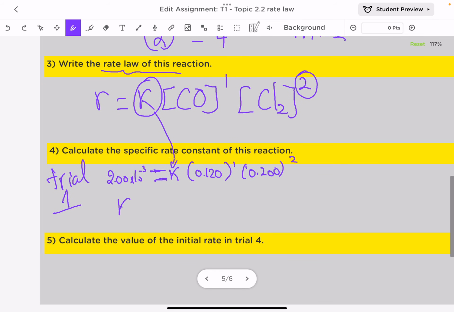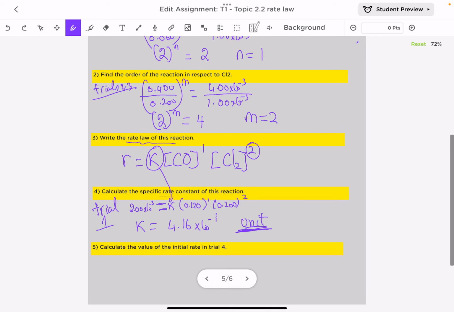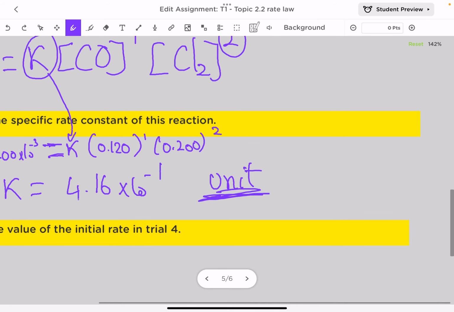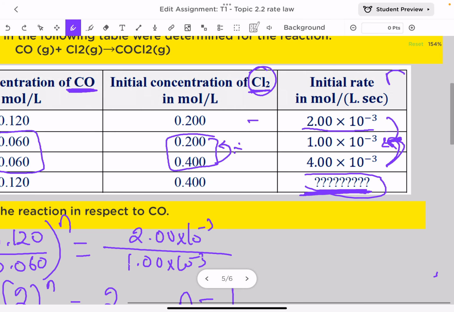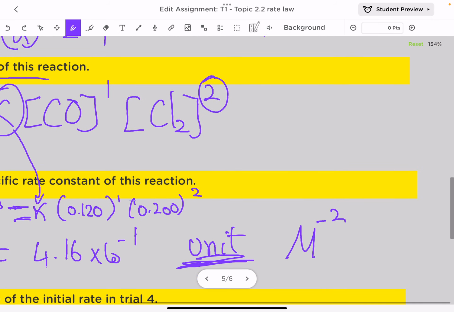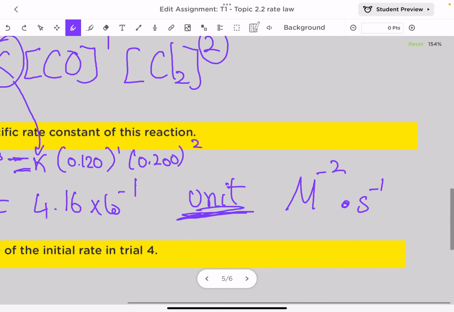I substitute and I finally find K, which is going to be 4.16 times 10 to the power negative 1. Now the unit, never forget a unit. This is a third order overall, so the unit of K is M minus 2. Now here we're dealing with seconds, so I'll say s minus 1.